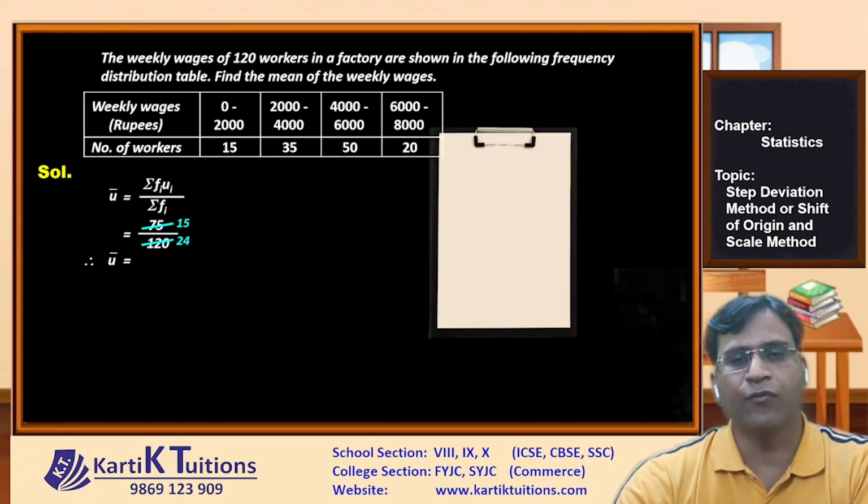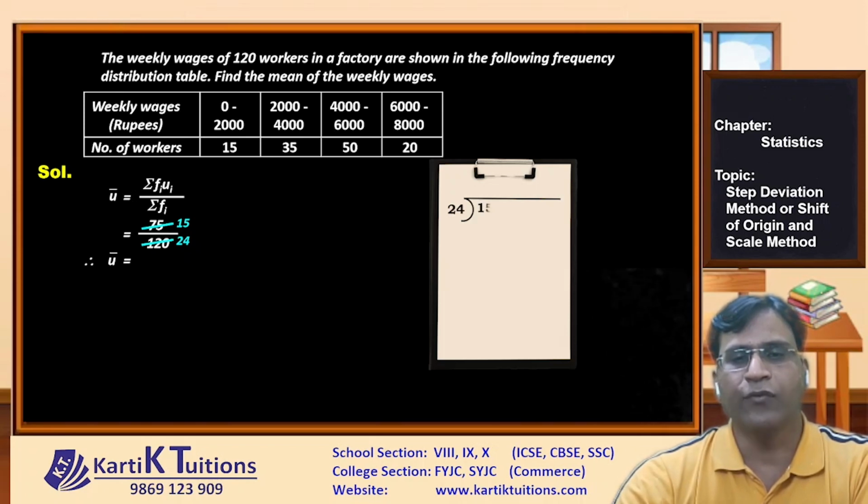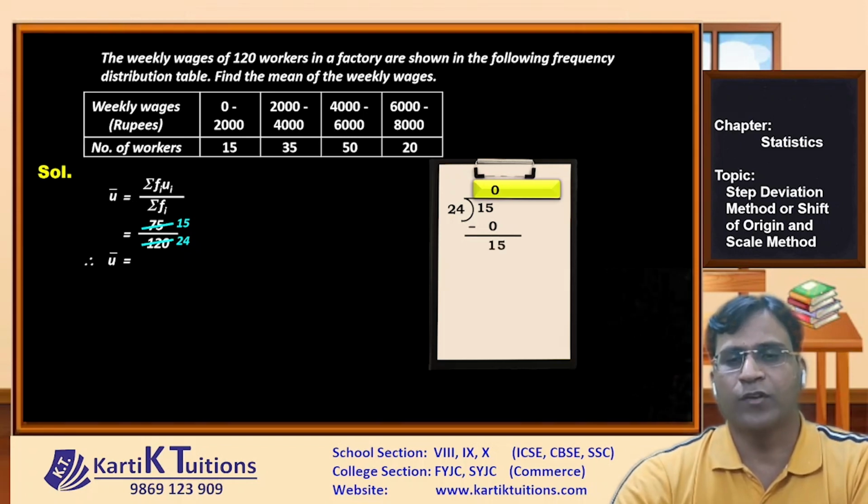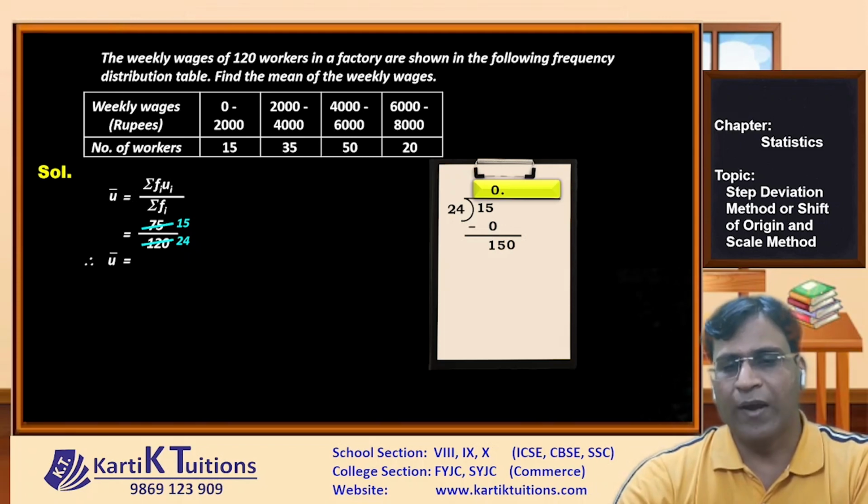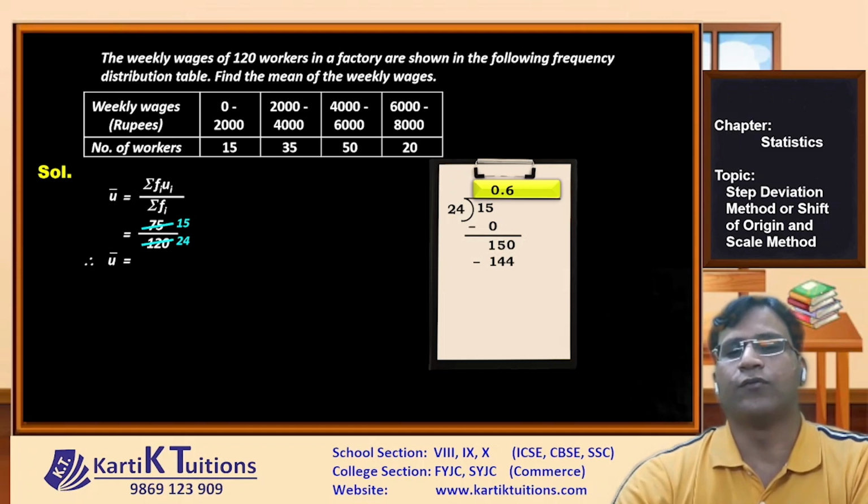Now we'll divide 15 by 24. Now as 15 is less than 24, so we'll take the decimal in the quotient and then we can proceed further because that will help us to get a 0 with the 15, making it 150. Now we have to find a multiple of 24 such that the product is less than or equal to 150. Now 24 5s gives us 120 and 24 6s gives us 144.